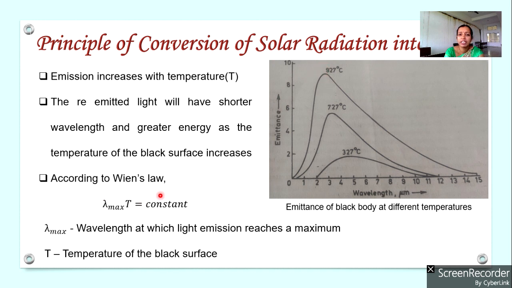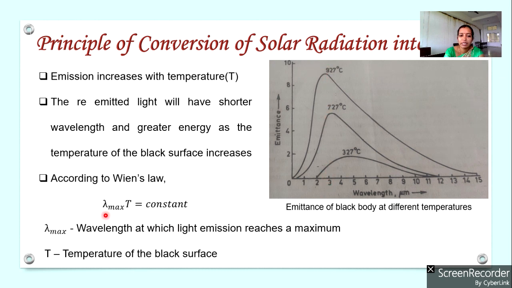So according to Wien's law, lambda max times temperature is equal to a constant. Lambda max means the wavelength, the wavelength corresponding to maximum emission.